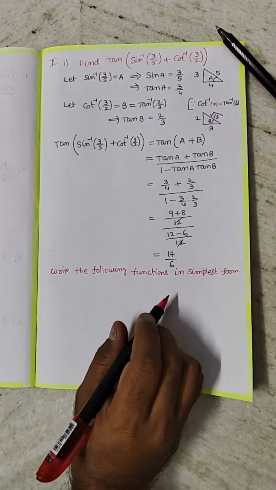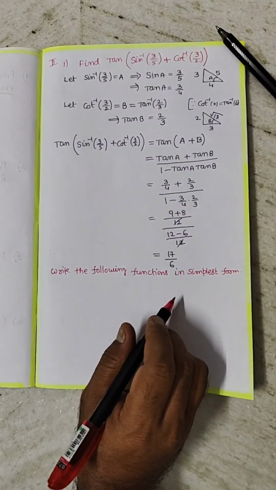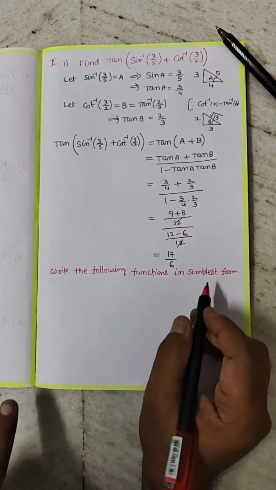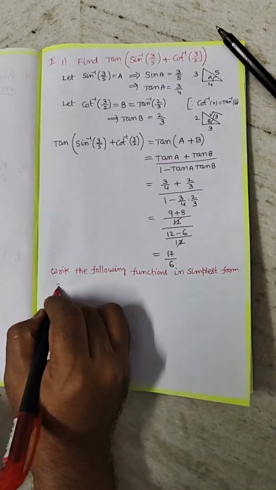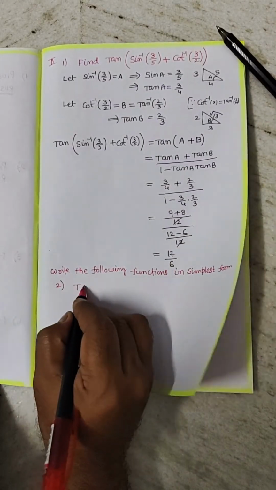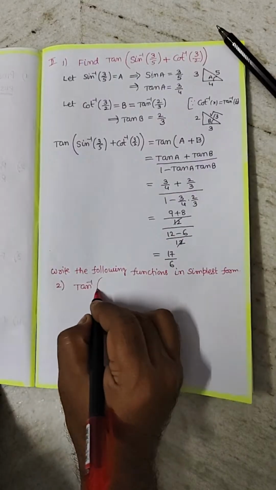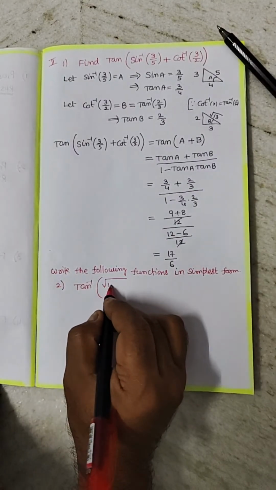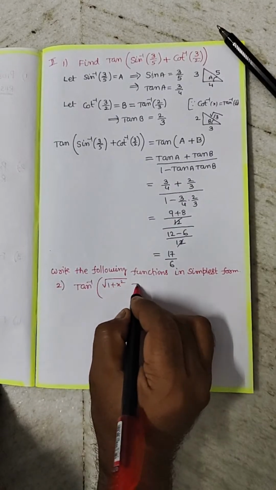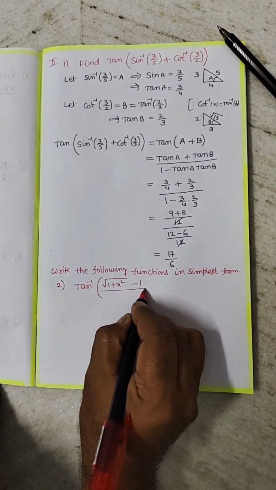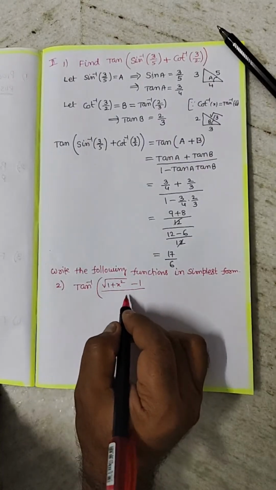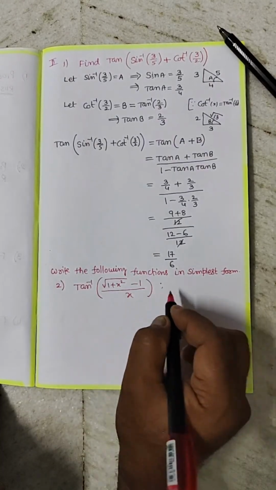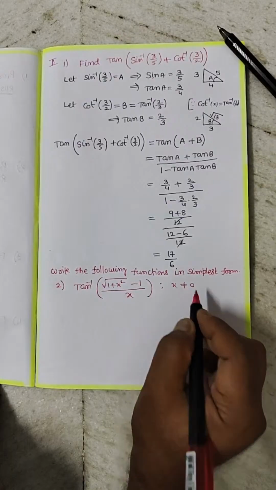So the first question, that means the second one here: tan inverse of square root of 1 plus x square minus 1, divided by x, where x is not equal to 0.